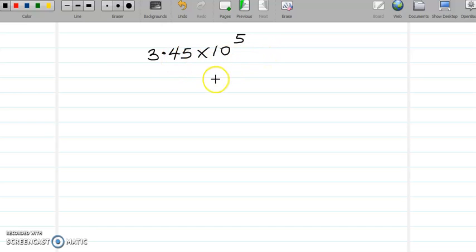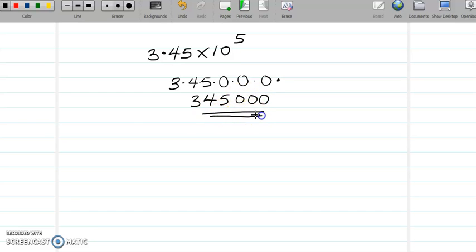For me to write this in ordinary form, I have 3.45. Now the power is 5. I have from here to here 1, 2, 3, 4, 5. You see that? So that's where it's supposed to end. So this will now give us 3, 4, 5, 0, 0, 0. So this is the normal form.